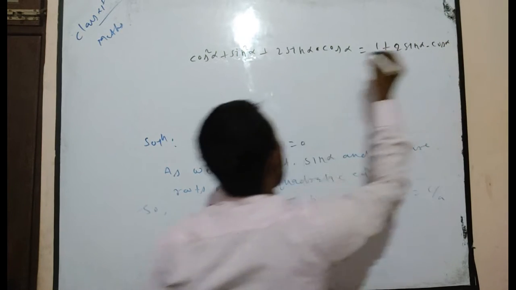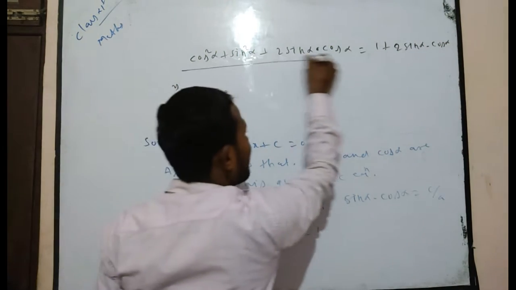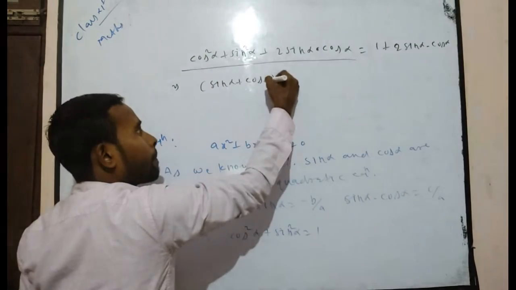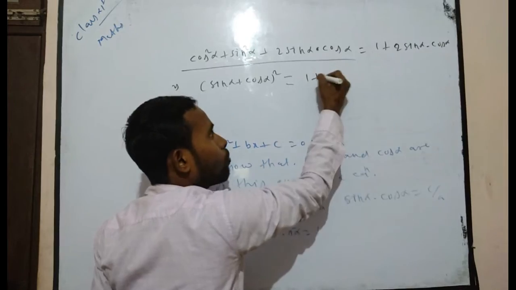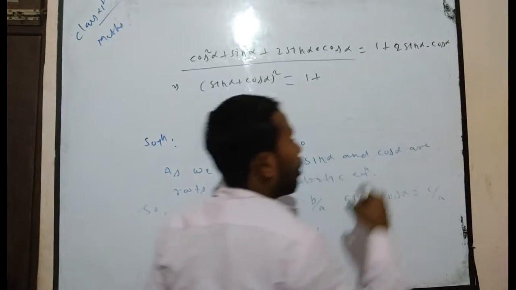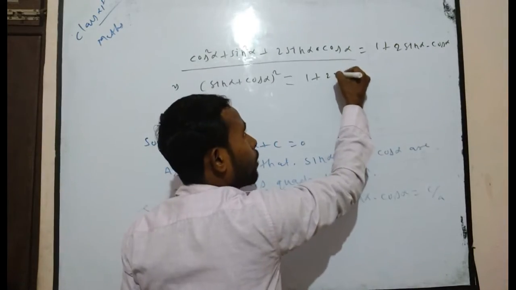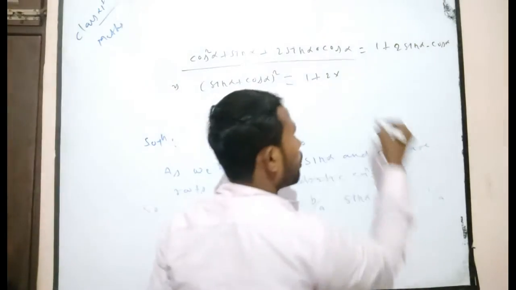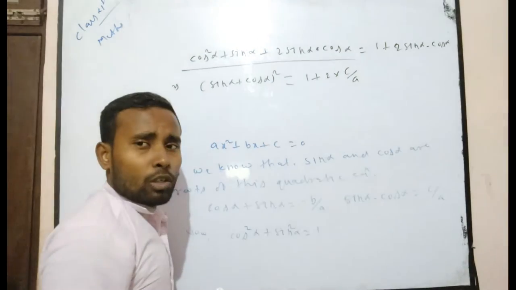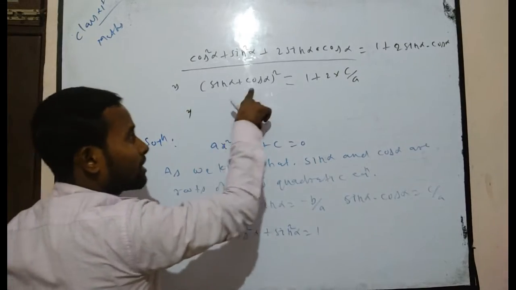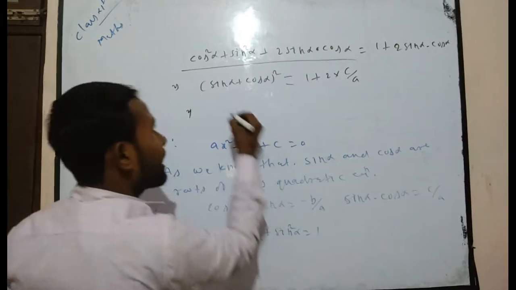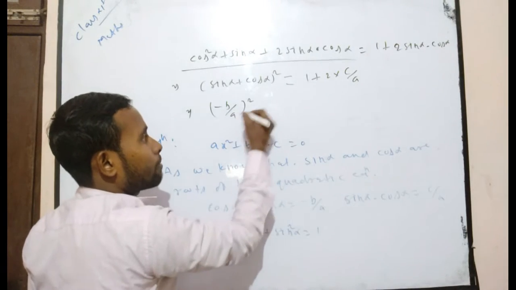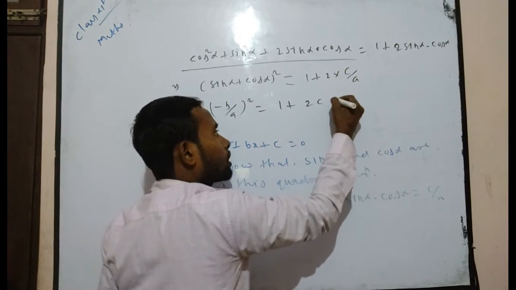In the LHS you get (sin alpha plus cos alpha) whole square, and in the RHS 1 plus 2 times sin alpha into cos alpha, which is c by a, so 1 plus 2c by a. After putting the value of minus b by a, you can write (minus b by a) whole square is equal to 1 plus 2c by a.